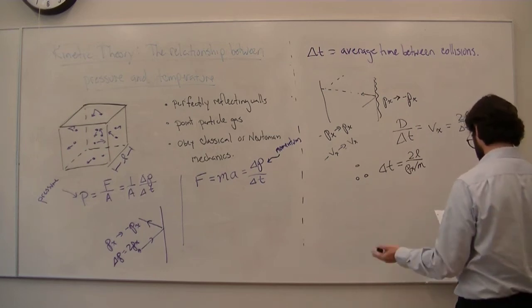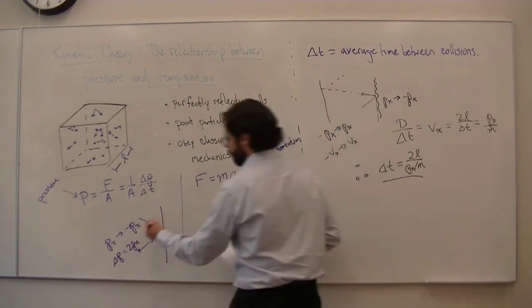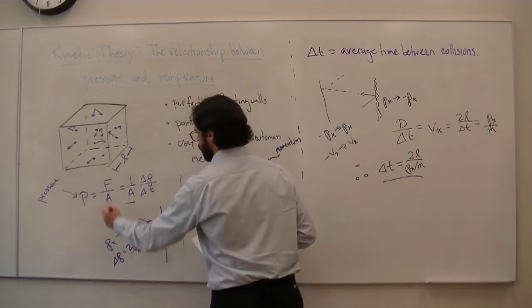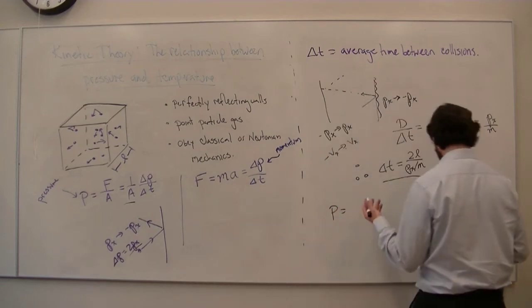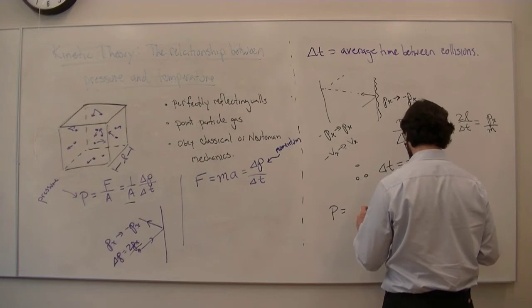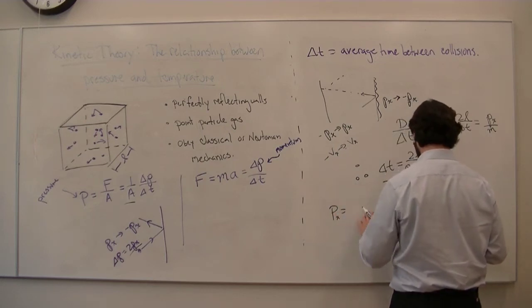So honestly, we have everything. We have t, we have p, delta p, we have a, and we're ready to just write down what the pressure is in our toy model of particles in a box. So technically this is px, the pressure on this x wall.